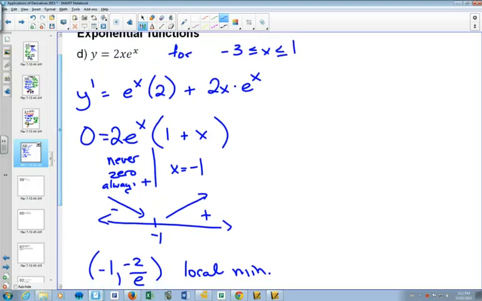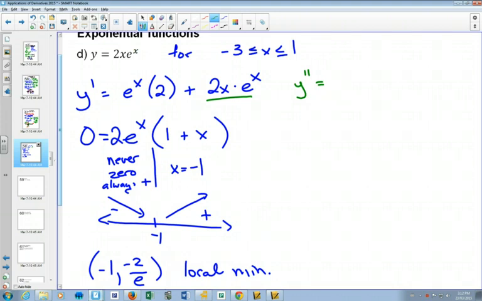Now going to our second derivative, it really doesn't matter which one you use to do your second derivative. I'm actually going to use my first one. I hope that you can see that this part here is identical to what I had to begin with.